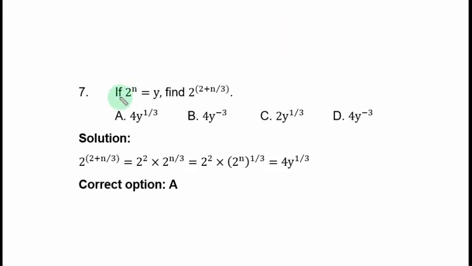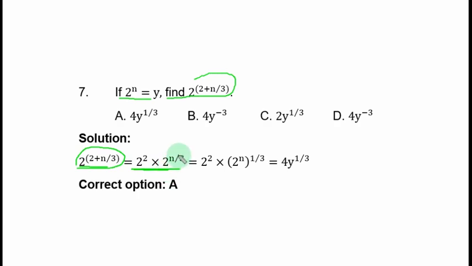Question 7. If 2 power n is equal to y, find 2 power bracket open 2 plus n over 3 bracket close. So this is what we can simplify looking at the problem. So from law of indices, now look at it this way. If you have this problem and you are asked to simplify, because of the same bases, you simply add. So we reverse this to this form.